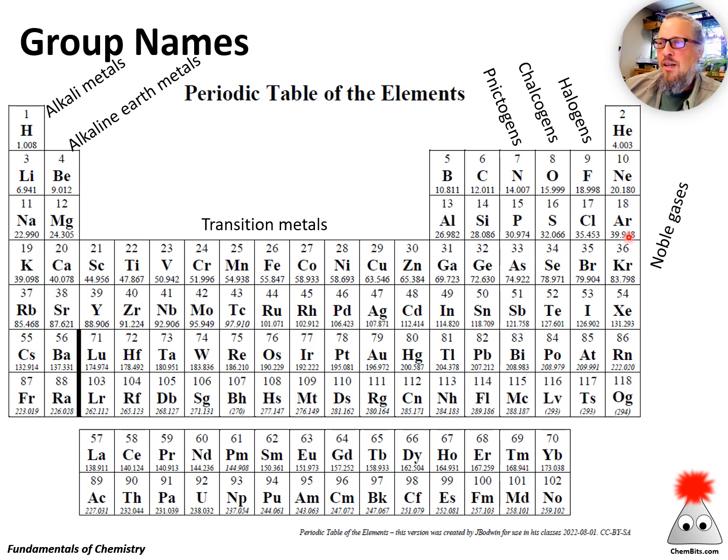Noble gases are big and just kind of tend to sit around and don't do much. So some scientists wanted to insult the nobles a little bit, so called these noble gases because they're just kind of sitting around and not doing much. So those are some of the group names that we might run into as we use the periodic table.